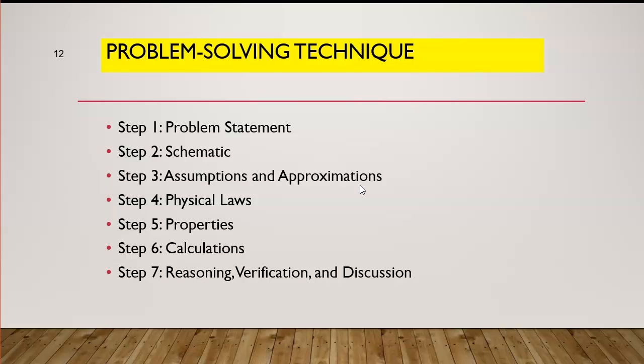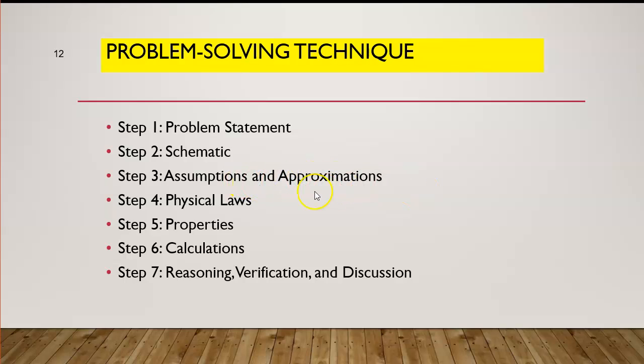Problem solving technique. When we have a problem, this is a technique used in heat transfer. The first thing is to understand the problem by understanding the statement given. Second, draw a schematic, even a small figure, showing where the heat is transferred from and to, the thickness, and the values of H or Q or any given formulas.